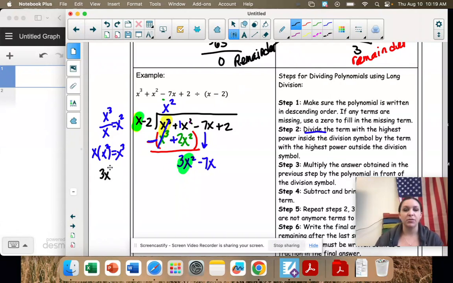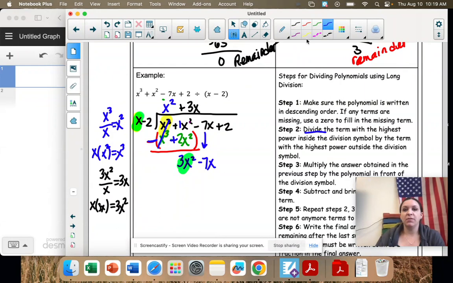So it helps to divide if you want. And then you're left with 3x. Or you can say x times what will give me 3x squared. So x times 3x. And that's our next term in our quotient.